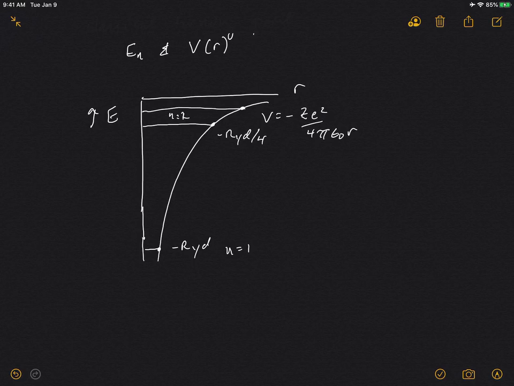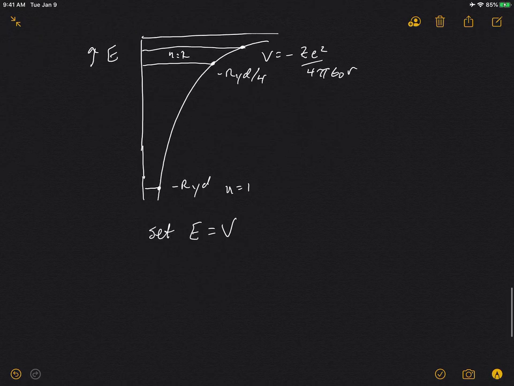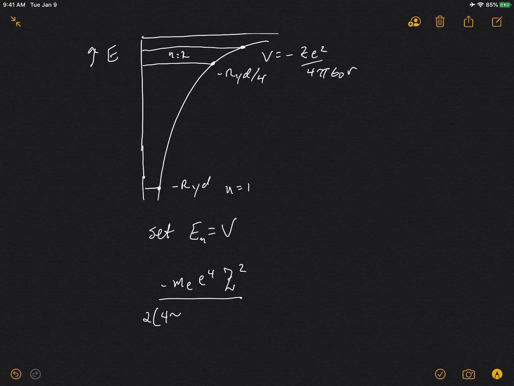So if we do that, we have to set energy equal to potential energy, where energy is a function of the quantum number n. We're going to go back, instead of using the Rydberg, to all of our constants because some of them cancel. Minus m_e e to the fourth Z squared. Might as well keep the Z in there. We could set Z equals 1 to make a slightly simpler expression.